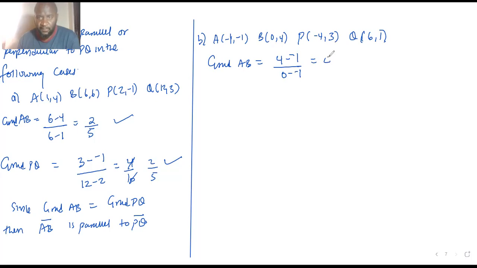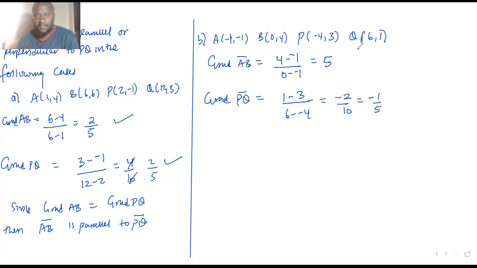The answer is 5. Then gradient of PQ will give us (1 minus 3) divided by (6 minus -4). The answer is -2 out of 10, which is -1 out of 5.